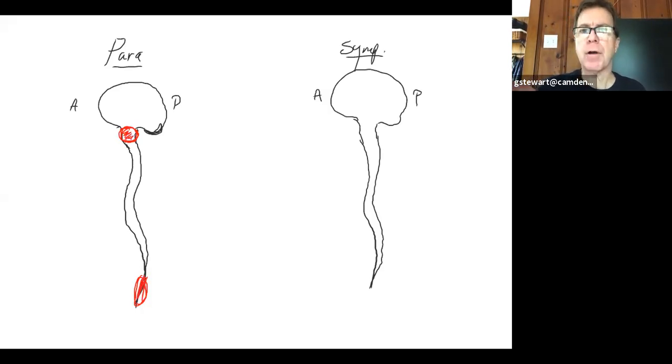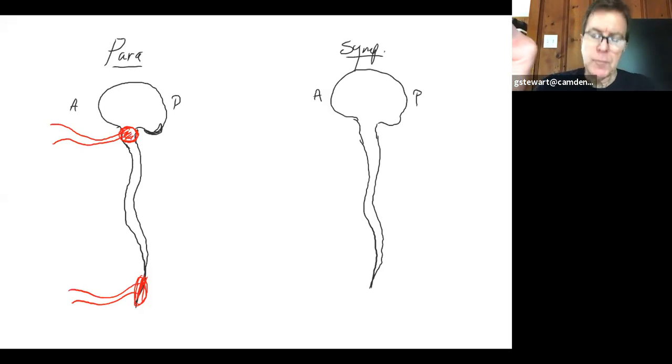I'm not going to draw each and every organ that these innervate. I'm just going to give some examples. There's also a major one, the vagus nerve, that long one that comes all the way down and innervates our visceral organs. It does something like this.